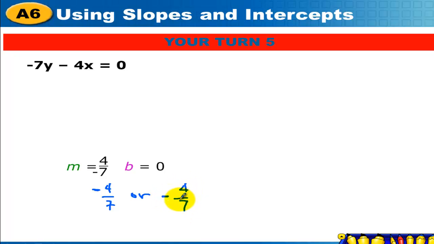Note that it does not really matter where we put the negative sign. We can put the negative sign in the denominator, numerator, or in the middle. So the slope is negative 4 over 7 and the y-intercept is equal to 0. Now, if they're going to ask you to write your y-intercept as a point, it should be 0, 0.